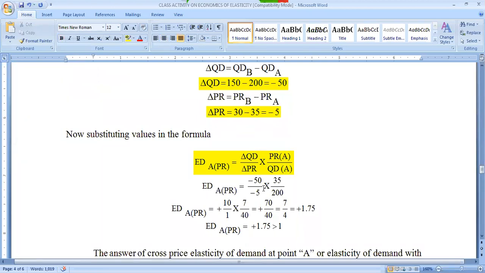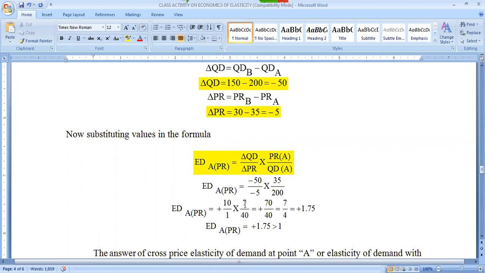Now let's simplify this information. 5 ones are 5 and 5 tens are 50. So 10 over 1 should be written into this fraction, and minus minus can be written as plus, right? Minus into minus equals plus. Then there comes a sign of multiplication. Then 5 sevens are 35 and 5 forties are 200, right?